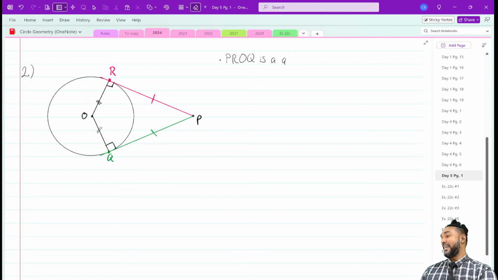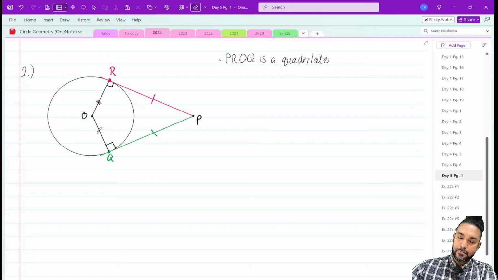Correct, it's not inside of the circle, right? A cyclic quadrilateral is a quadrilateral that is drawn inside of a circle where all the vertices touch the circumference. So PROQ is a quadrilateral, but not cyclic.